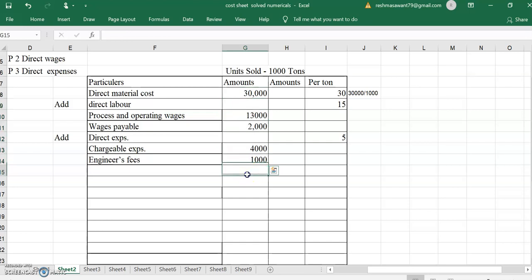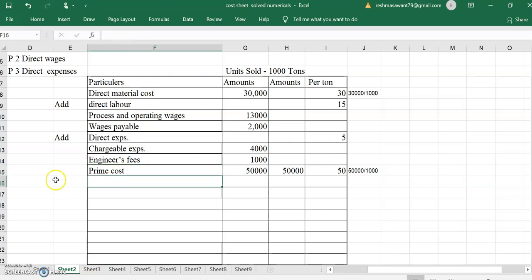The total of these three headings is rupees 50,000, which is 50 rupees per ton: 50,000 divided by 1,000 tons. So this is your first heading, called prime cost.